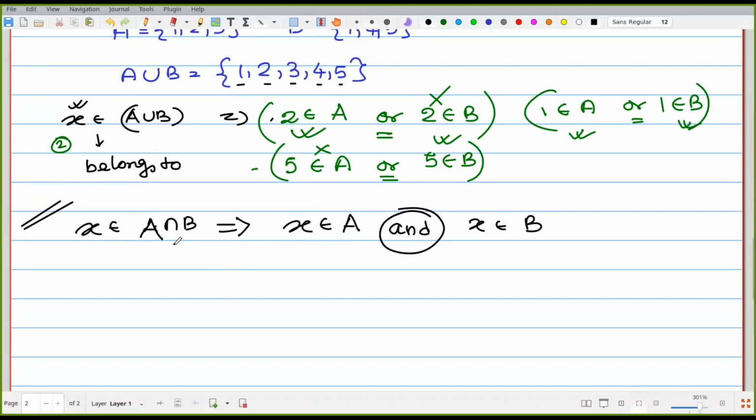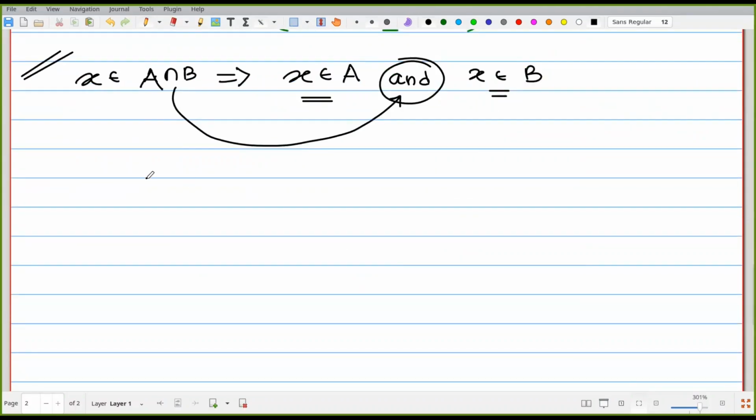So intersection means common. When the elements are common to A and B, that is treated here. So x must belong to A and x must belong to B. So intersection means and.